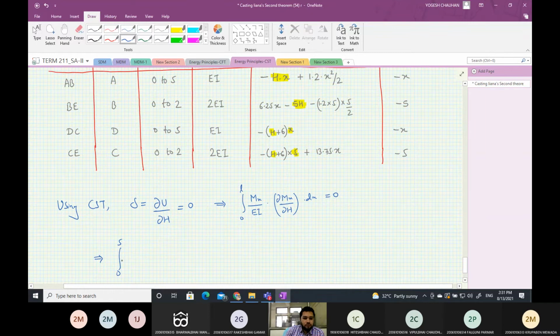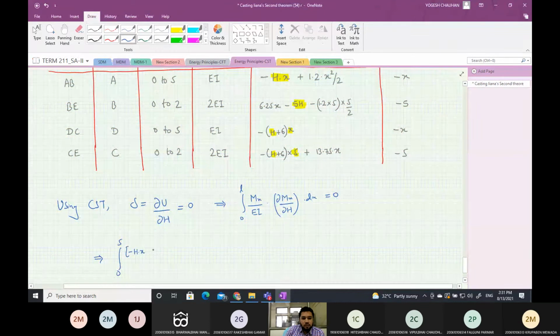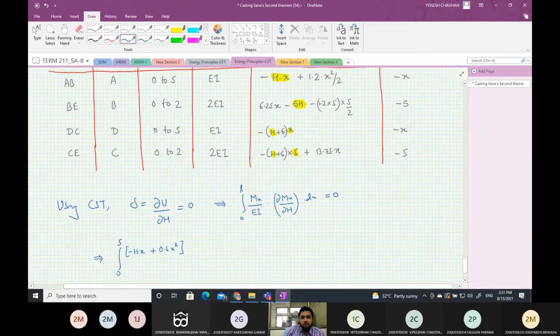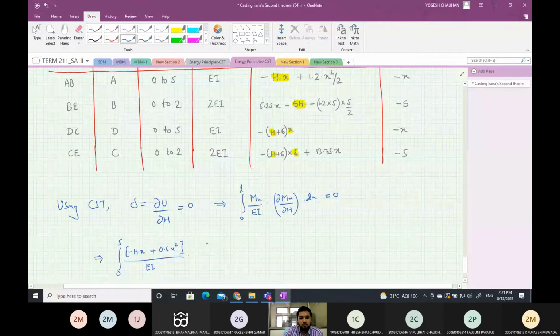So this implies the moment equation is minus hx plus 0.6 x square, the 1.2 by 2, that is 0.6, whole divided by EI, into this del Mx by del h, that is minus x dx.